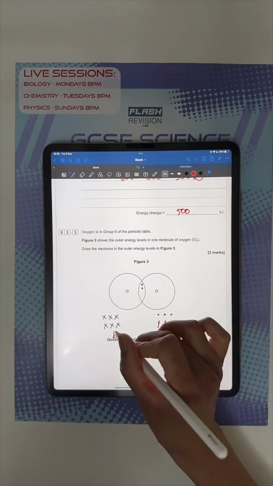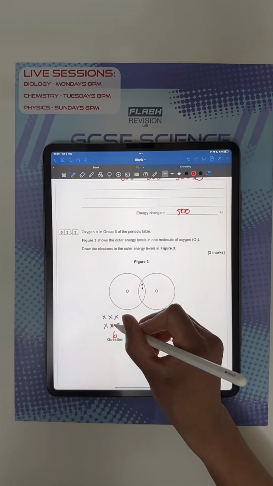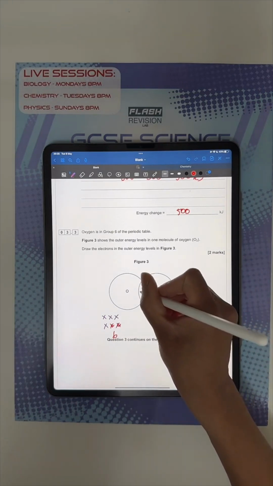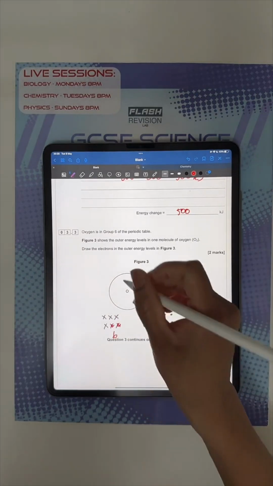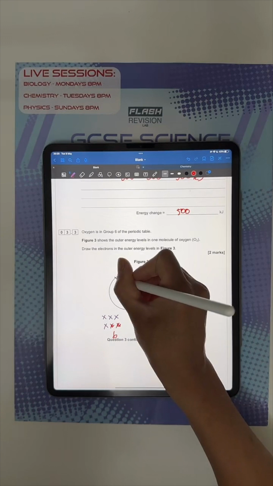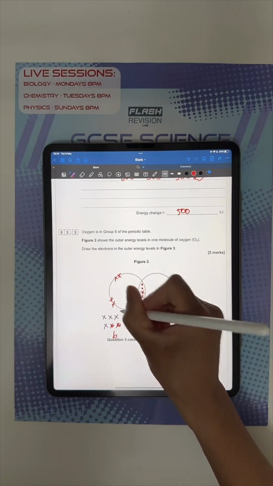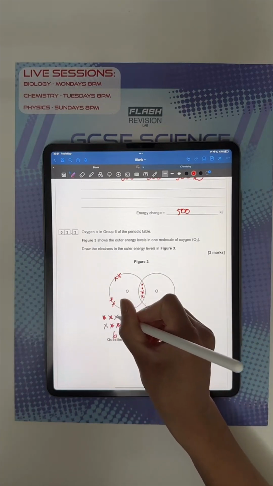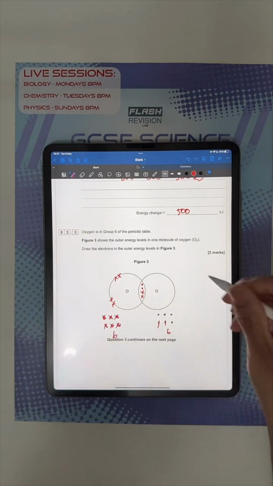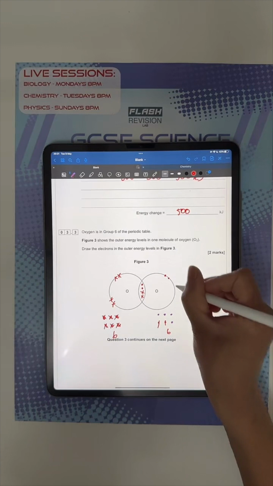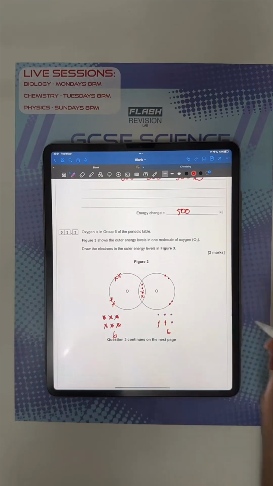To get a full outer shell, again, you need 2. So let's take these 2 and put it in the middle. So we've used 4 so far, 2 of each. And then whatever you're left with, put it on the outside. So 1, 2, 3, 4. And then we've got 1, 2, 3, 4 dots as well.